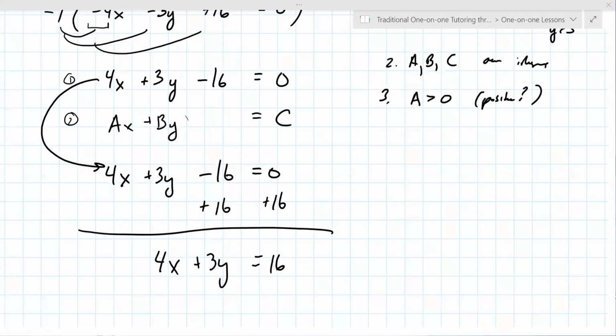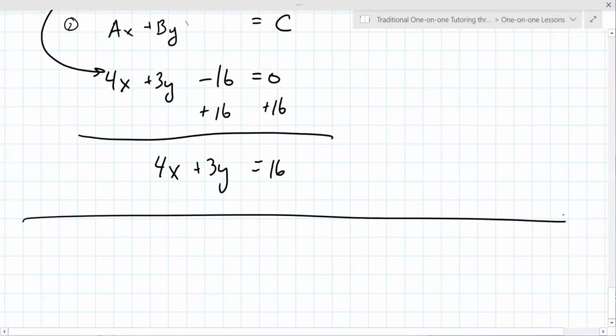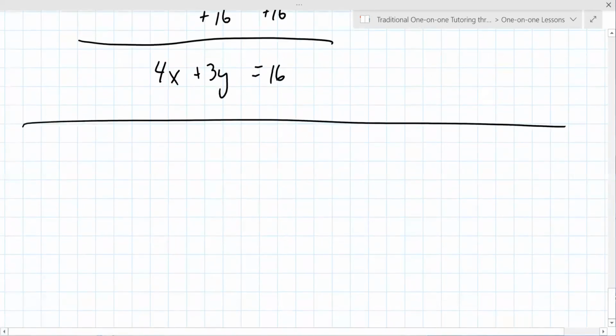All right, let's do another one here. Let's look at a new problem. Is the following in standard form? Minus 2x equals 9y plus 1/3.